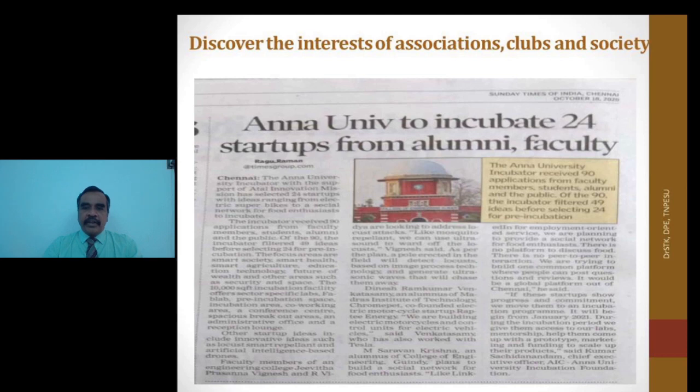Say, for example, Anna University, through its incubation center, has started 24 startups from alumni and faculty. They received so many proposals from their alumni, students, and faculty, and have now selected 24 research programs for startups from the Anna University Incubation Center. So discovering the interest of the institution or the association may also help you to locate your research problem.